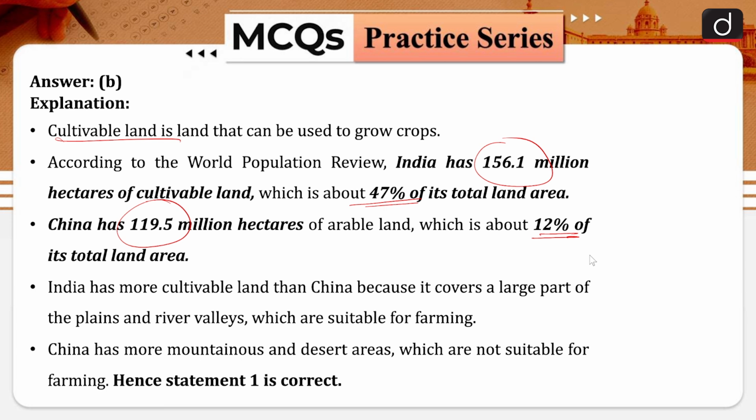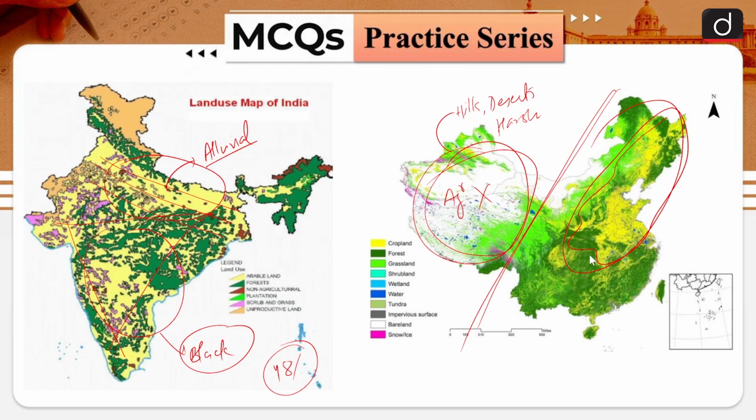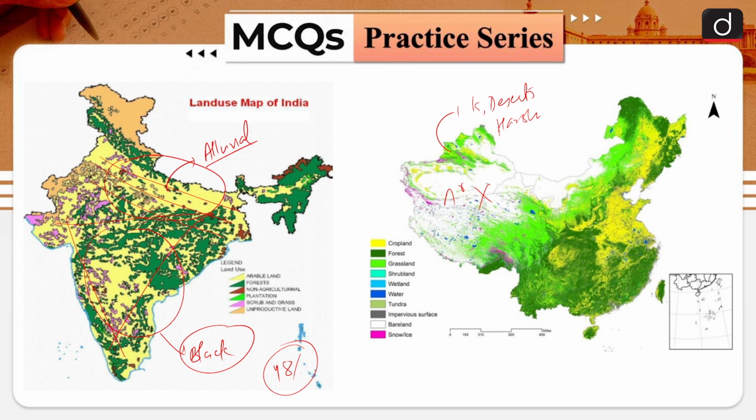Now when we are talking about the second thing, which is related to your irrigated area, obviously if you have larger land area under cultivation, you would require irrigation sources, and India has various rivers etc. which can provide for the irrigation. And China is basically a water scarce country, because of which there are fewer avenues for agriculture.